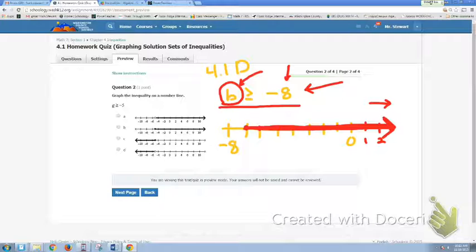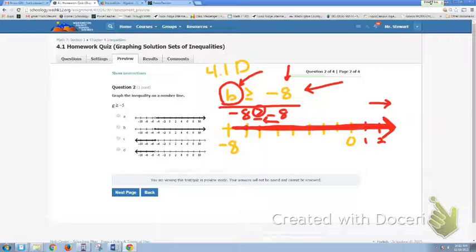Well, what about all of the numbers in between -8 and -7? These are all solutions as well. But what about -8? Is -8 greater than or equal to -8? Remember, this is showing greater than, but it is also saying is equal to. So anything that is greater than or equal to -8 is included.